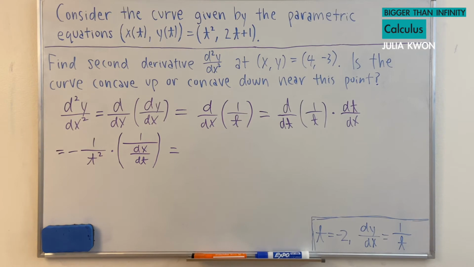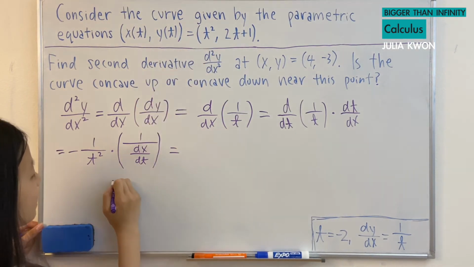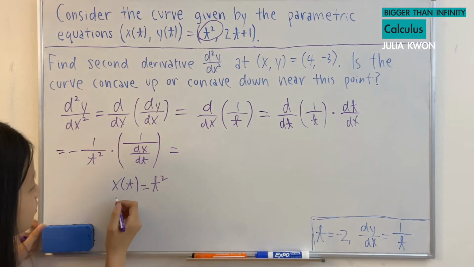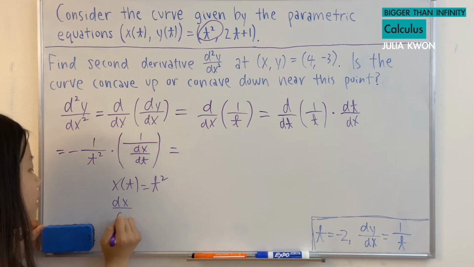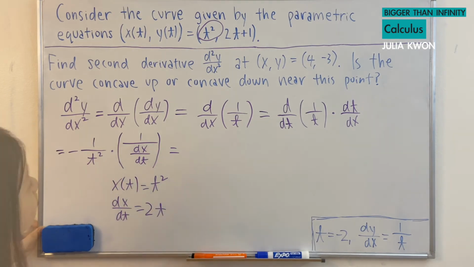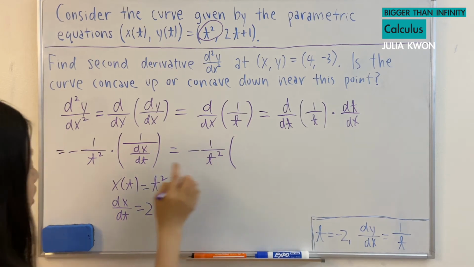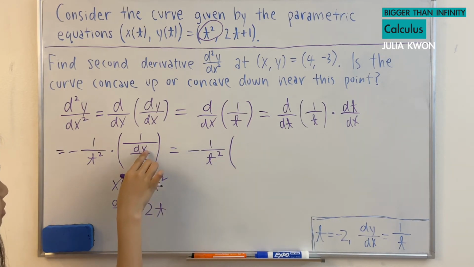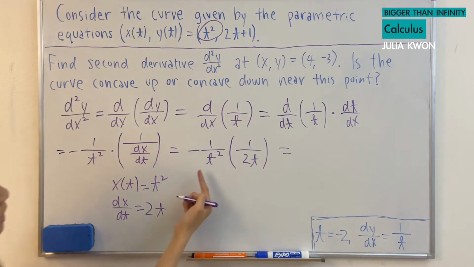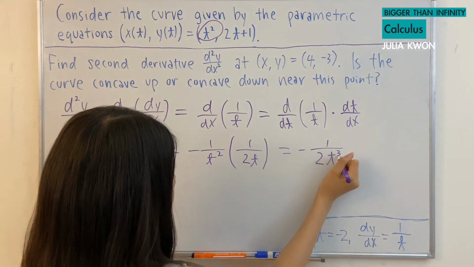To find dx divided by dt, we just take the derivative of x, which is t squared, and that gives us dx divided by dt as 2 times t. So we replace dx over dt by 2t. Multiplying these two together, we have negative 1 divided by 2 times t to the power of 3.